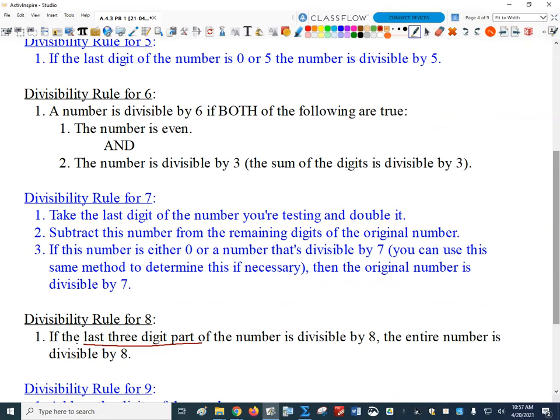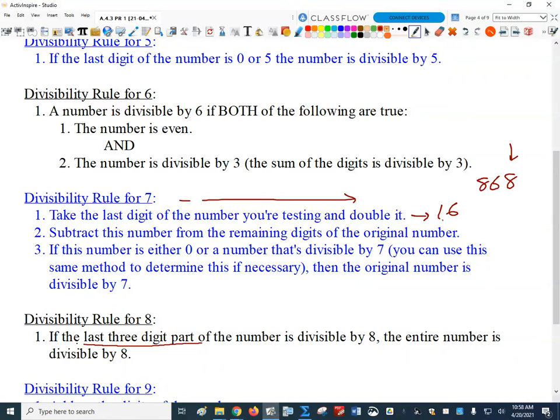What about the divisibility rule for 7? Okay, there's 3 parts to this, and I'm going to demonstrate with a big number. Let's take 868, how about? There's just 3 steps to this. If you take the last digit of the number you're testing, which would be what? 8. So there's my last digit, and I double it.